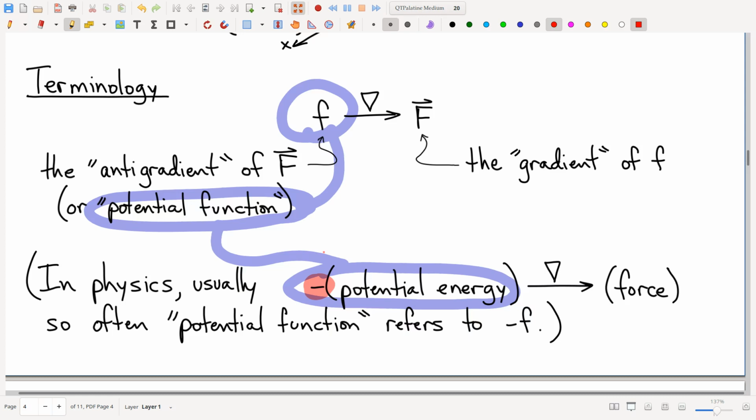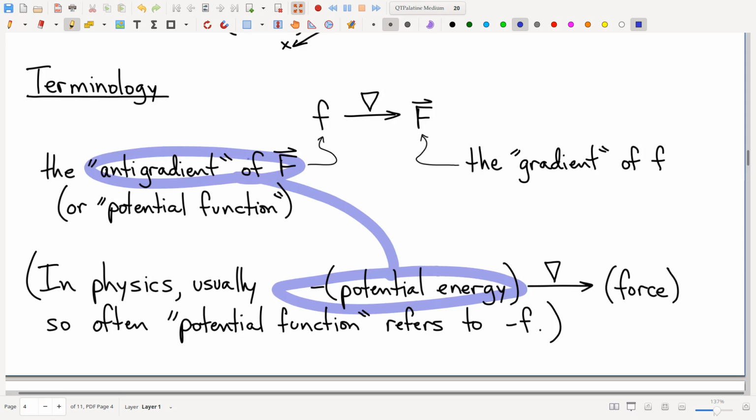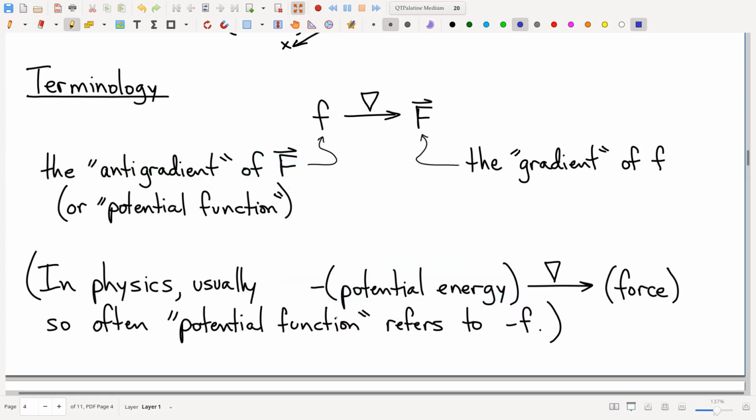To remove this confusion, we could just call this the antigradient, and then potential energy is the negative of the antigradient, and there's no "which do you mean, the potential? Which kind of potential are you talking about? Did you have the minus sign included in there or not?" No problem.